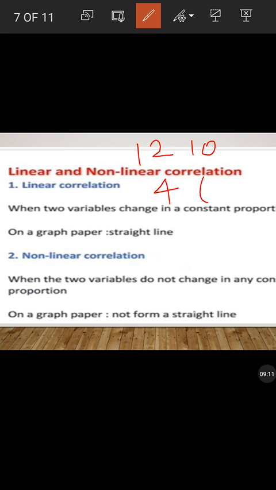Okay, if the price is 8 rupees, then the quantity demanded will be what? Here 8. So you can see that when price is high, quantity demanded is low. So this is price and this is quantity demanded. Here when it is 12 rupees, quantity demanded is 4; when it reduces to 10 rupees, quantity demanded is 6; and when it reduces to 8 rupees, quantity demanded is 8.